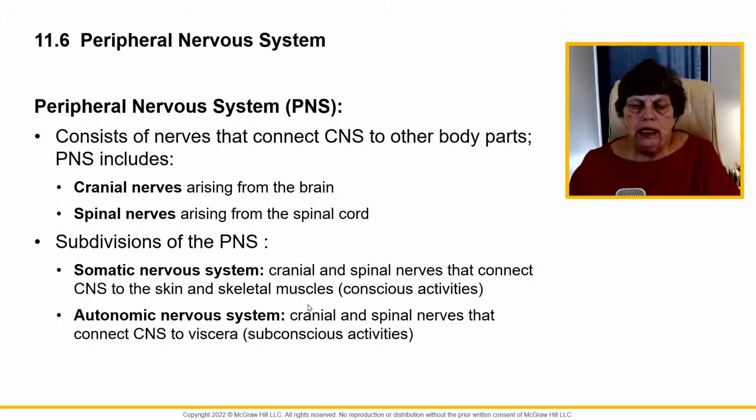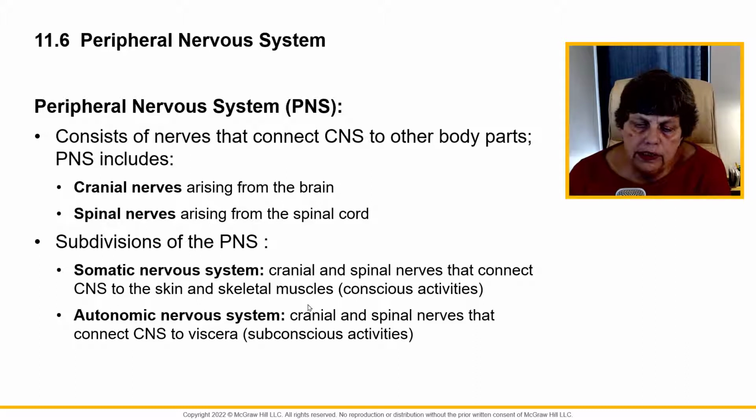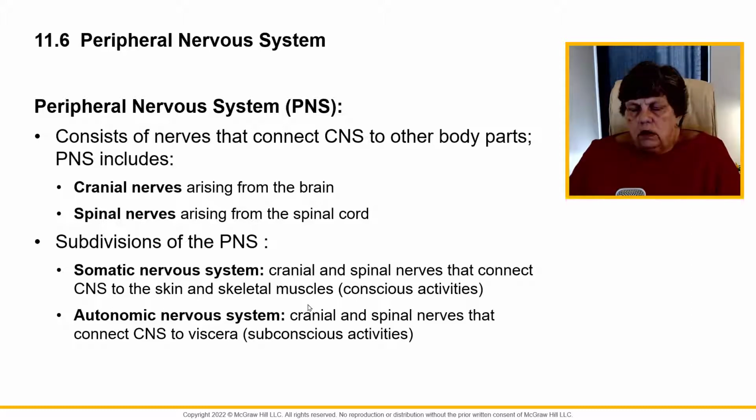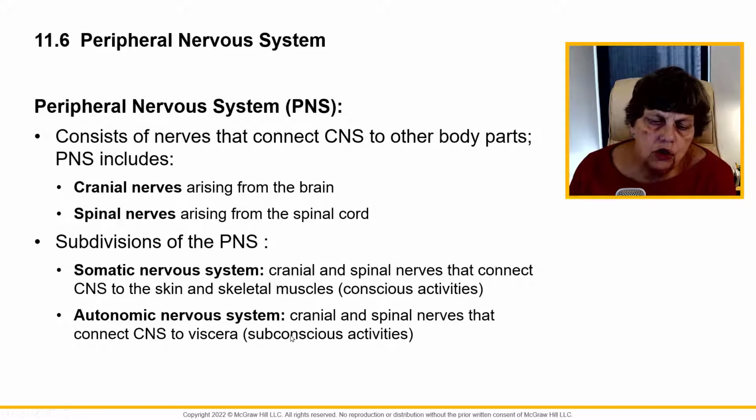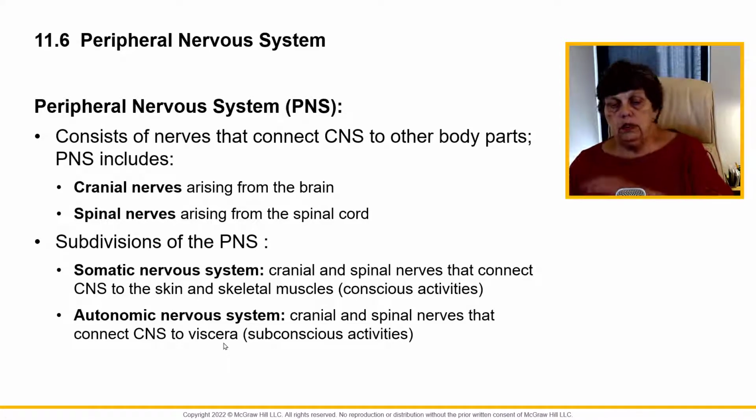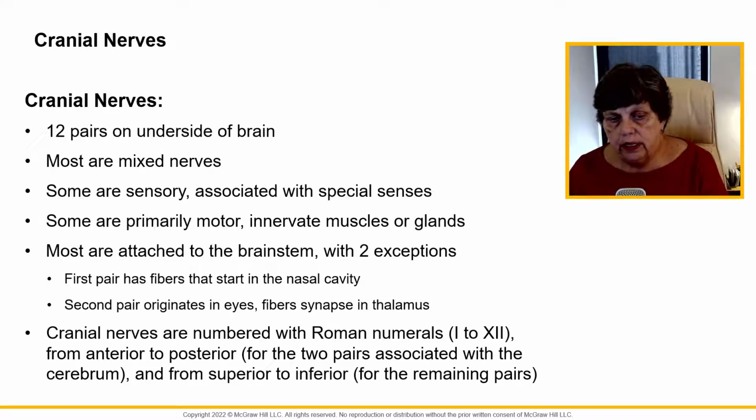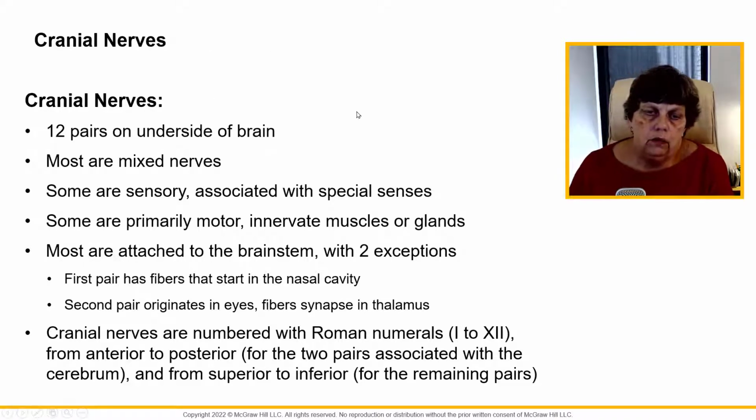Okay, somatic meaning whole body, if you will. Autonomic nervous system, these connect to the viscera. These are unconscious type activities. So your stomach digesting, that sort of thing, where you don't even have to think about it whatsoever. And we'll look at these.